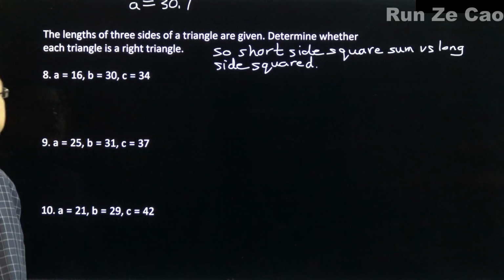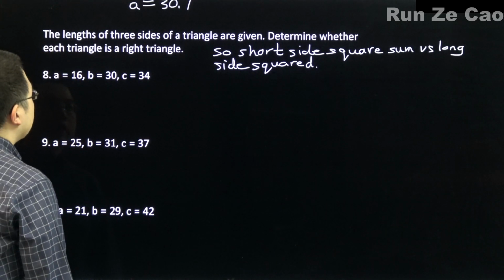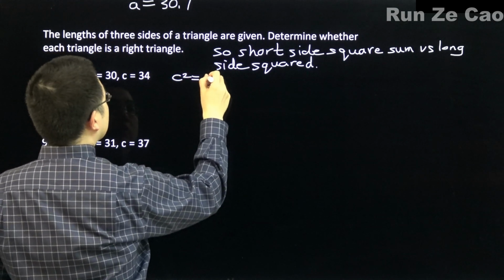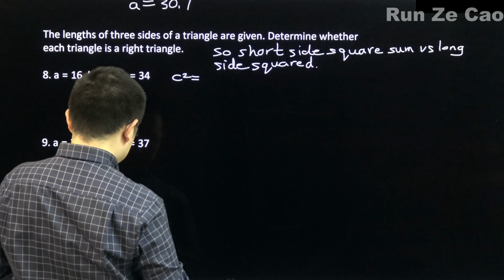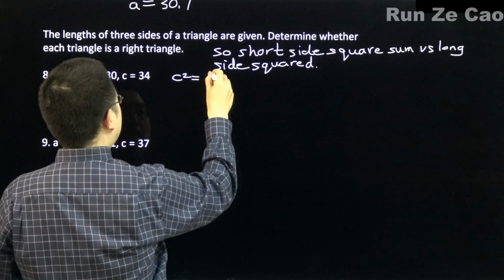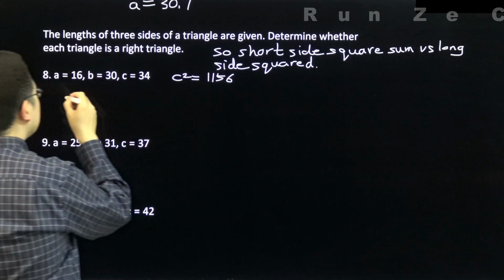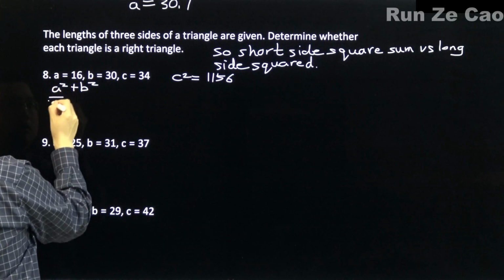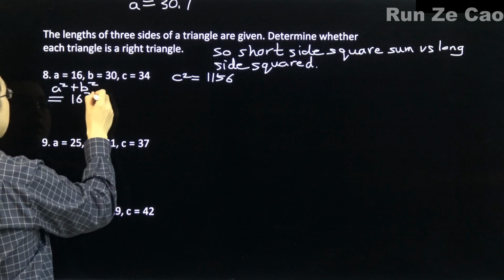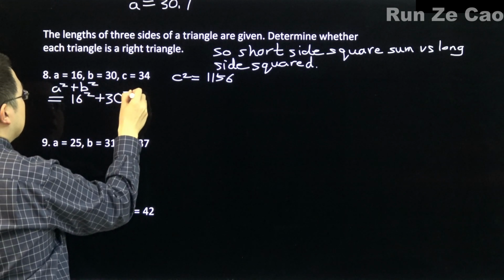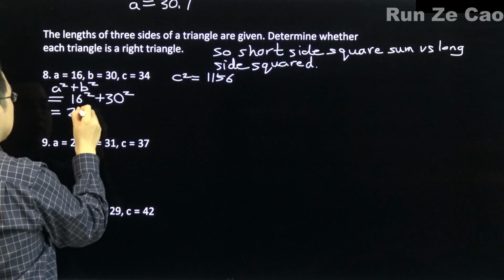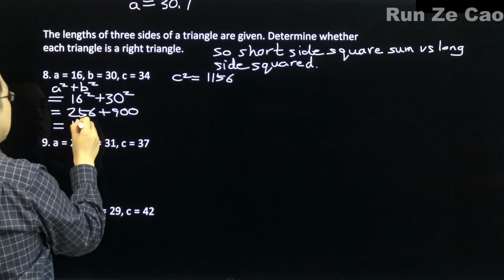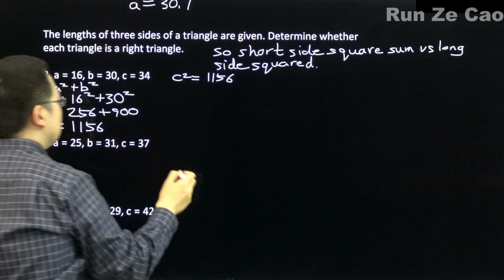So c squared, the longest side here is 34 squared. That's 1156. A squared plus b squared is 16 squared plus 30 squared equals 256 plus 900 equals 1156.